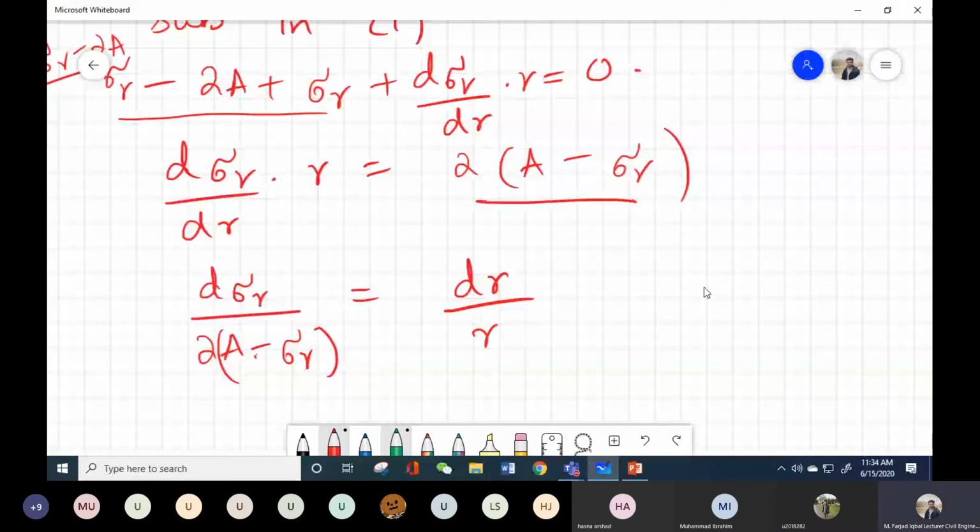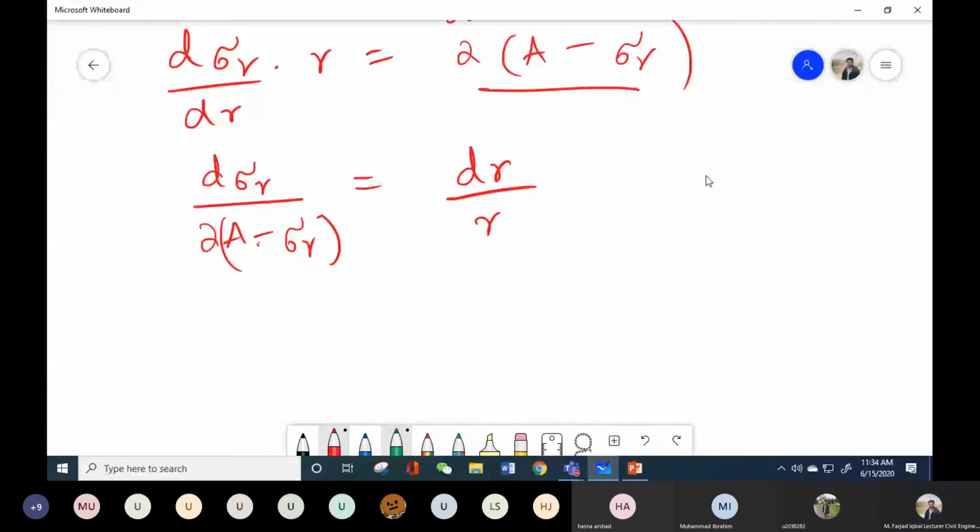So if I integrate this equation, I will get, or this 2 we can take on the other side. Let's say it is on this side. So if I integrate this equation, I will have, so can anyone tell me what will be the integration of this term or this type of equations, if you remember?